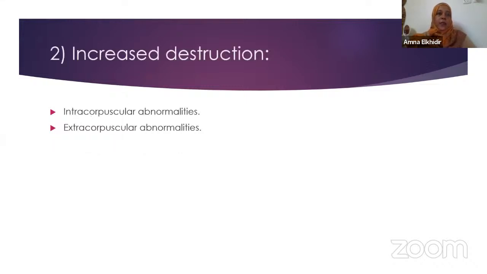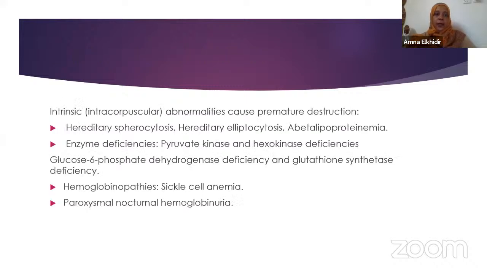The second type of anemia is increased destruction, due to intrinsic abnormalities and extrinsic abnormalities. Examples of intrinsic abnormalities causing premature destruction are hereditary spherocytosis, elliptocytosis, and abetalipoproteinemia. These three types of anemia, due to abnormal membrane of RBCs, lead to destruction.